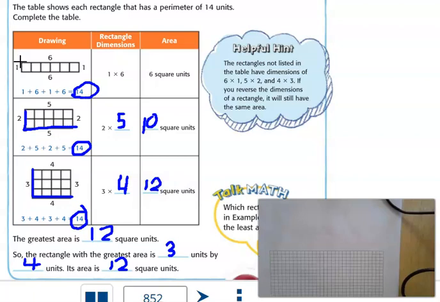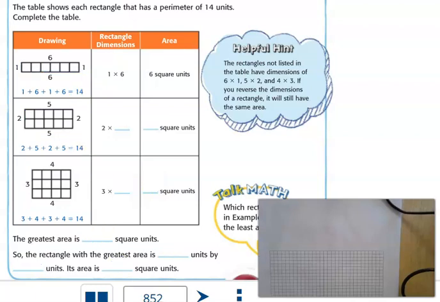As we move through the lesson, you'll notice that the shape that is longest and thinnest has the greatest perimeter with the smallest area, and the shape that is closest to a square has the greatest area with the smallest perimeter. That's going to be important as we move through the lessons.